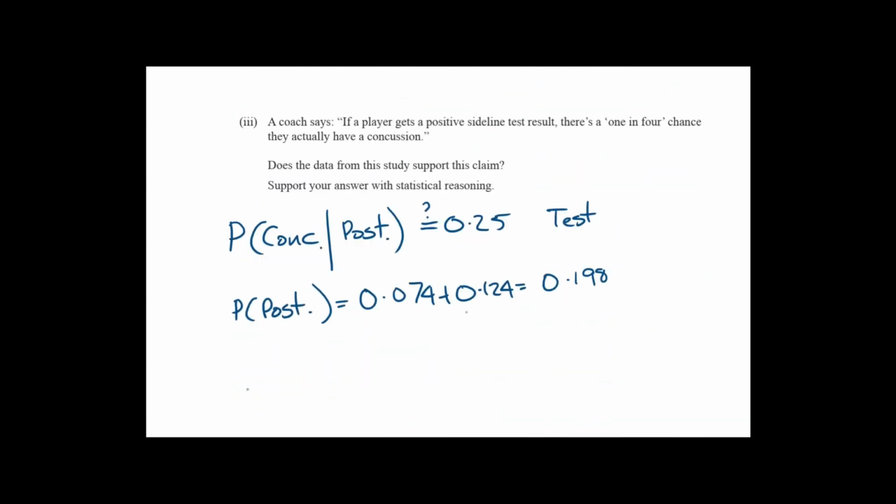So, in other words, the probability now that they have concussion, given that they were positively tested, is going to be equal to the probability that they concussed and were positive divided by the probability that they were positive.